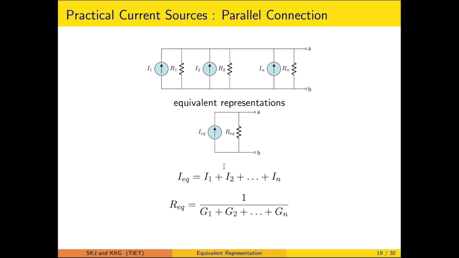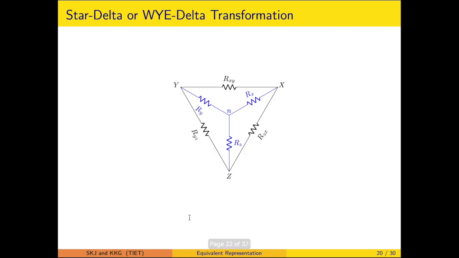So we approach the conductance formulation: G equivalent is equal to G1 plus G2 up to Gn, and then take the reciprocal, which forms the R equivalent. So we have gone through the series parallel combination for resistance, inductance, capacitance, and voltage sources and current sources, of both ideal and practical nature.